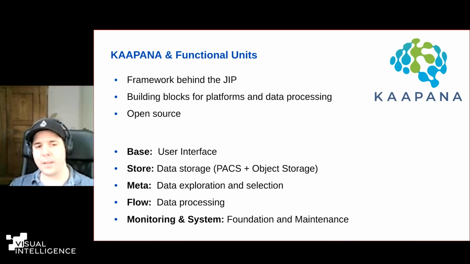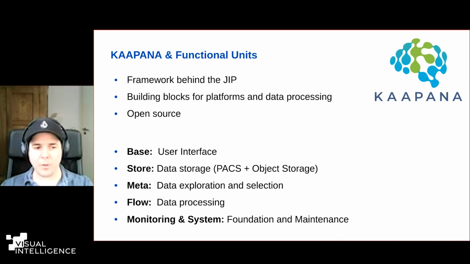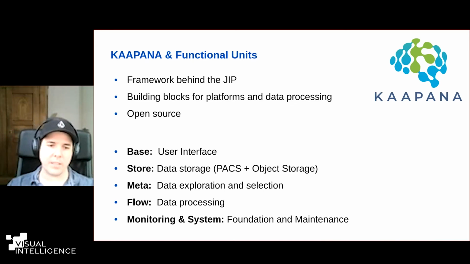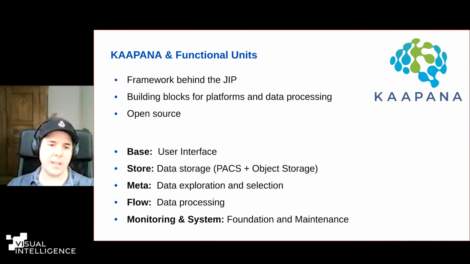The third big area is called meta. This is data exploration and data selection. Then we have flow. There we do everything with data processing. So the whole data processing pipelines we were talking about, this is covered in flow. And the last part is like the technical foundation for the whole platform, so that we are able to make everything work, do maintenance, do updates, and all these things.